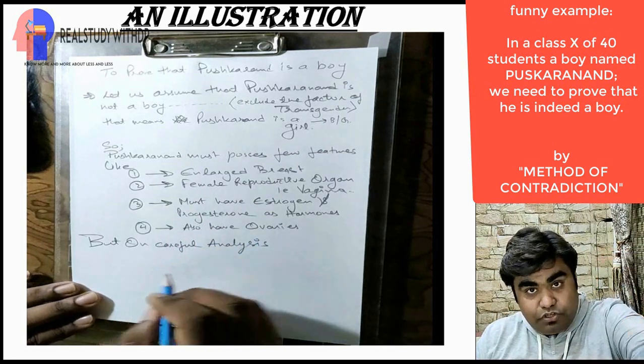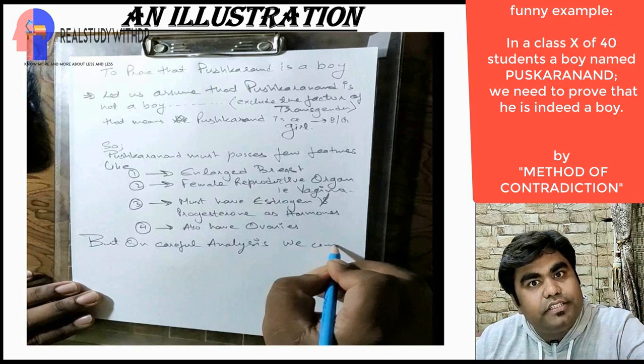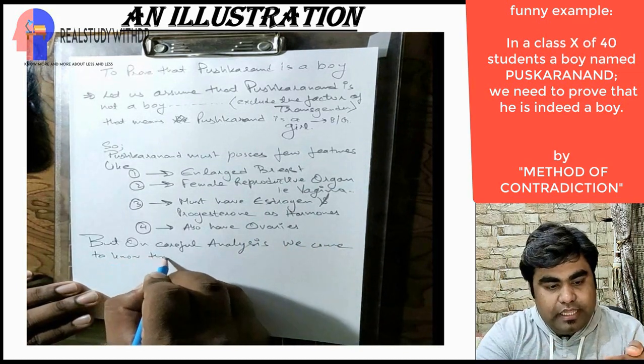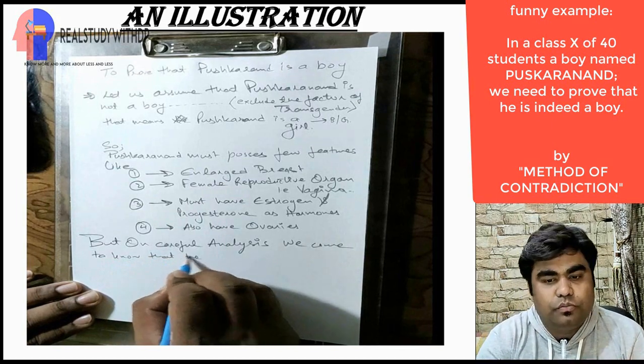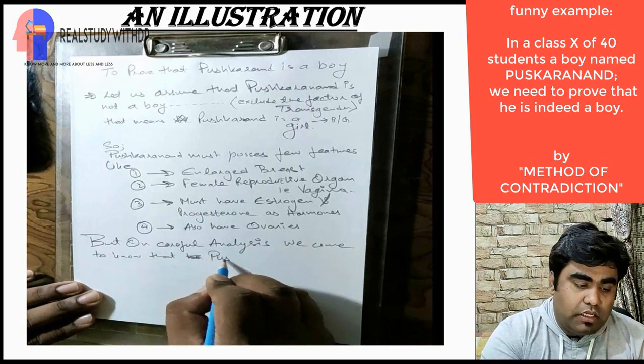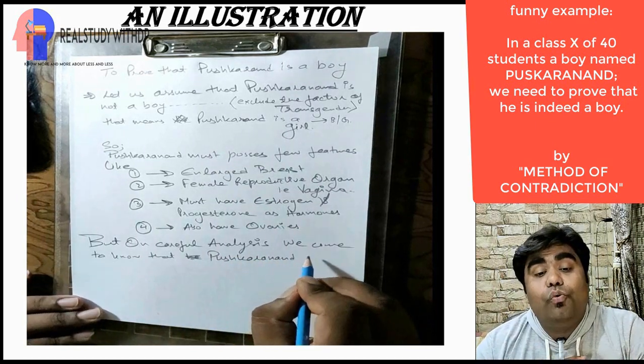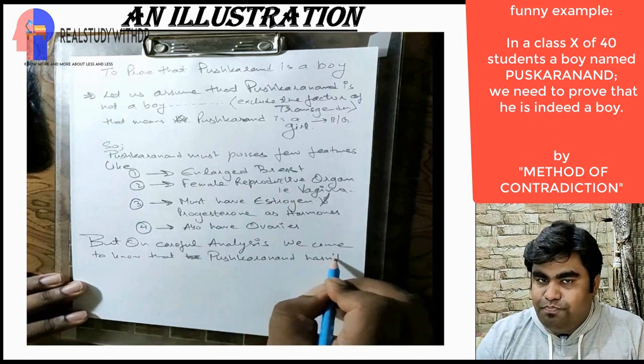So we have considered the assumption part, that Pushkaranand is a girl. Now, if the subject is a girl, then the supportive arguments should be true. We wrote that these four things must be there. But now the contradiction part.